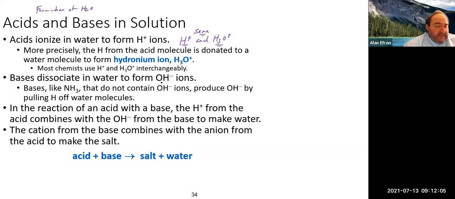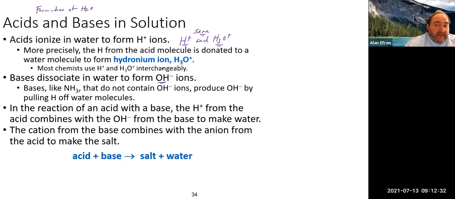As we talked about the other day as well, a base is something that's able to produce OH- in solution. Again, what we're talking about is free OH-, not attached to anything, but the ability to produce it. A lot of strong bases, as we talked about yesterday, come from group 1 and group 2 on the periodic table.